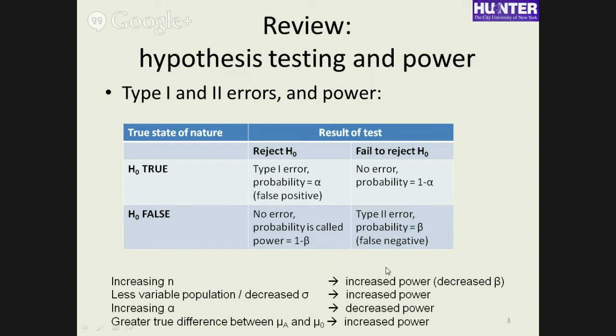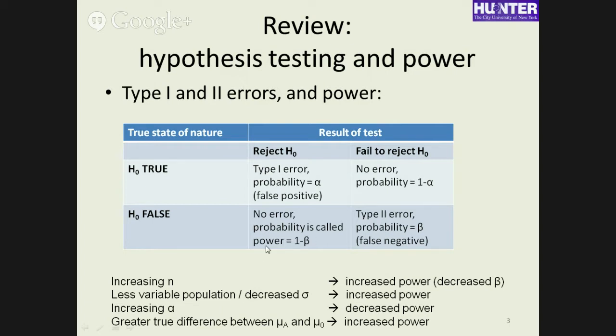So the type 2 error is accepting the null hypothesis when the null hypothesis was false. And whenever the null hypothesis is true, if we then reject H0, that's the type 1 error rate, the alpha that we've been learning how to control by calculating the p-value. And if we fail to reject it, again, that's no error. So far, so good? So this item here, the power, is what I'm going to talk about a little bit more today.